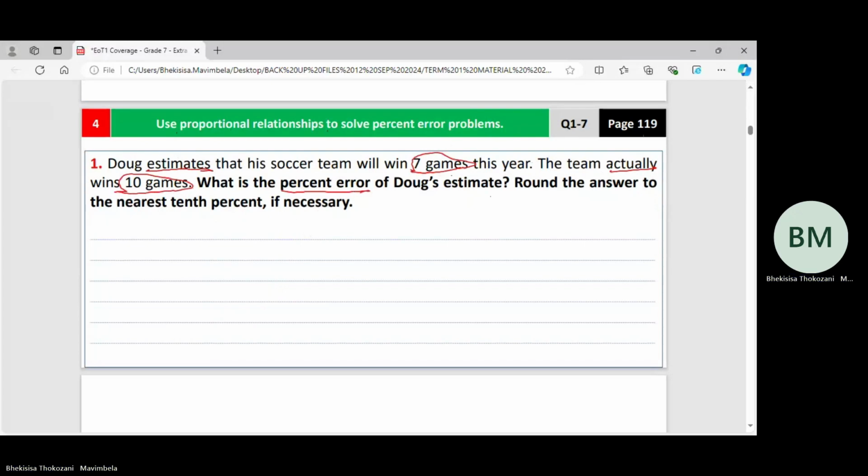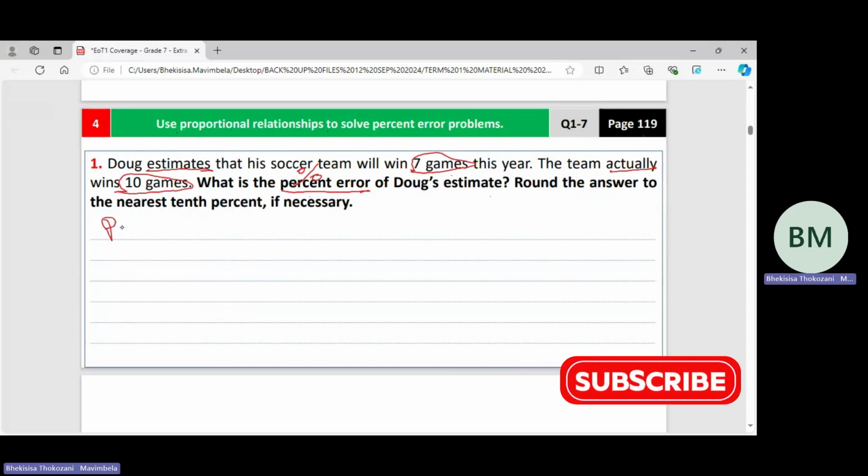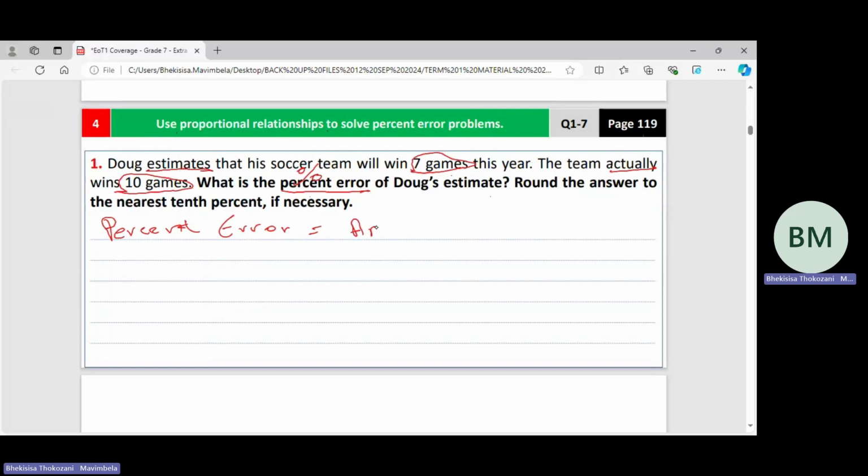So now we know that once you hear the percent error, think about things like this. Okay, there's a percent. So first let's write a formula down for percent error. Percent error is equal to amount error.